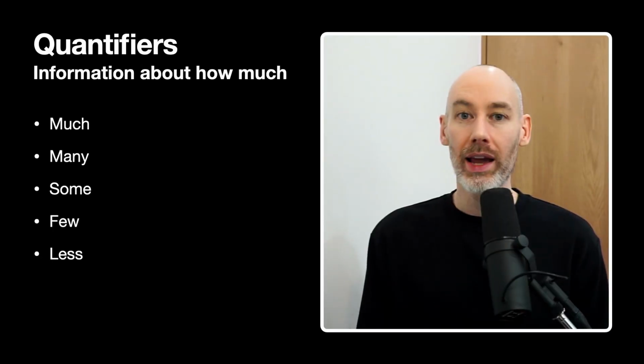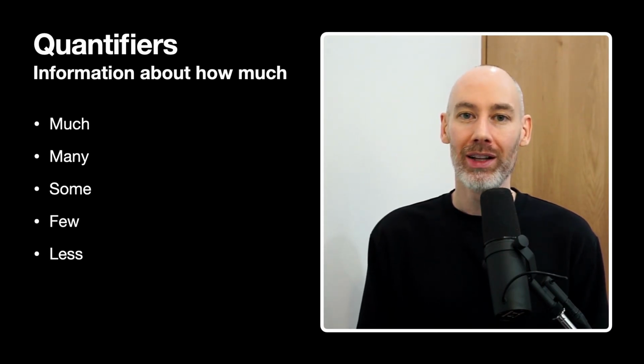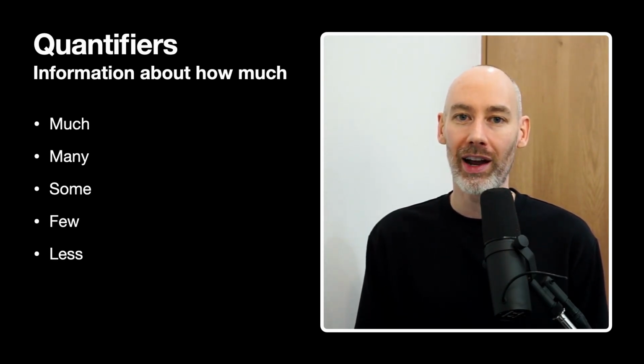Next up, I want to introduce a word to you that you might not be familiar with. The word is quantifier. Quantifier, and this is just another grammar term that refers to words in English that tell us some information about how much or how little of something there is. So there are many different quantifiers in English, but some of the most common ones are like the ones that I have on the screen here: much, many, some, few, less.